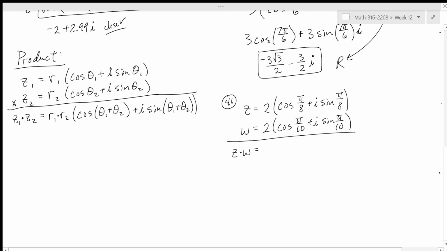And we want to find Z times W, the product of those complex numbers.